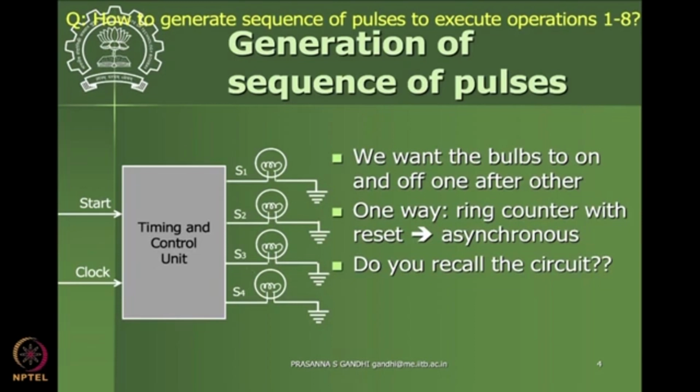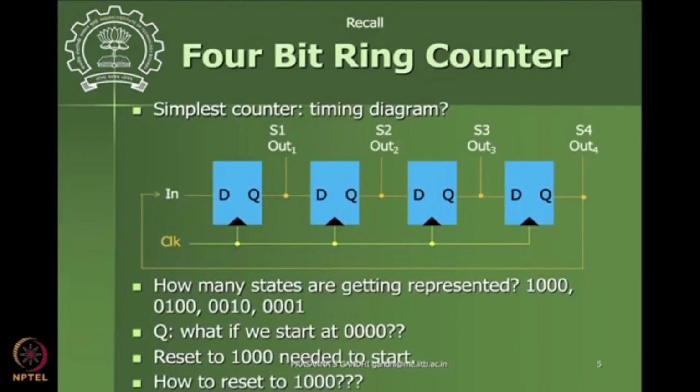If you scratch your memory a little bit and think of the sequential logic circuits which we have seen, there is one example there which will help us here. Yes, it is a ring counter. In the ring counter you introduce a sequence like 1 0 0 0.